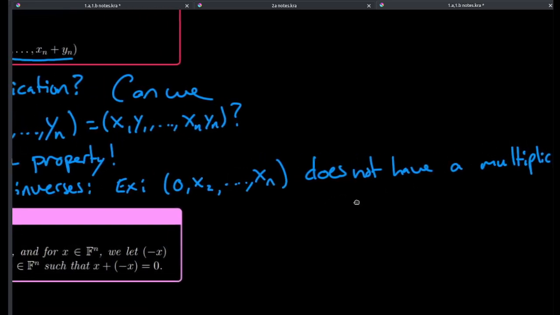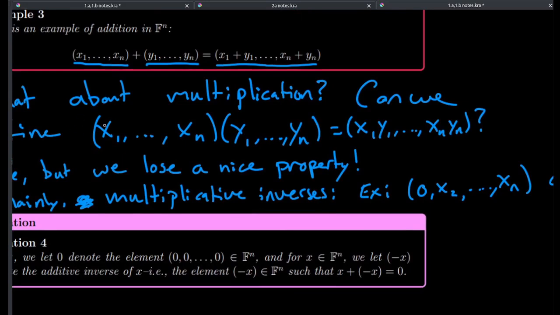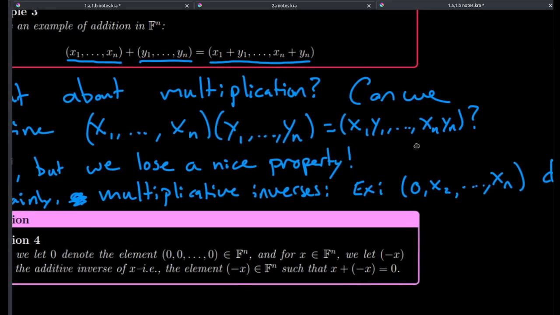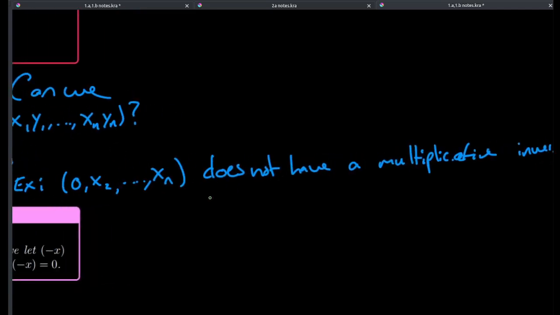Notice we do have a nice notion of a multiplicative identity. That is, if you take the list of length n whose every entry is equal to the multiplicative identity of the field, and you multiply with anything in this way, then you would just get back exactly the thing you multiplied it by.